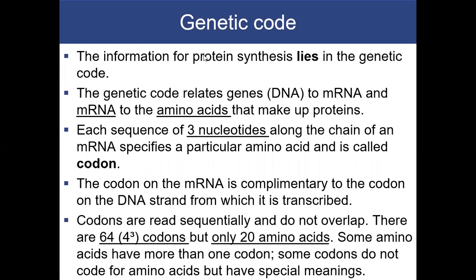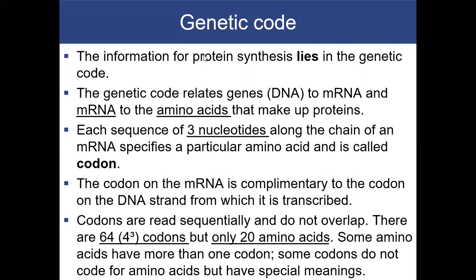When it comes to codes, we say that they're codons. It's 3 nucleotides, and we call these codons. Each of them is found along the chain of an mRNA, and they specify a particular amino acid.